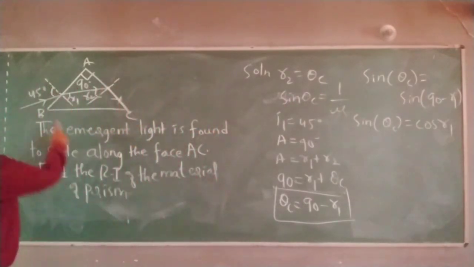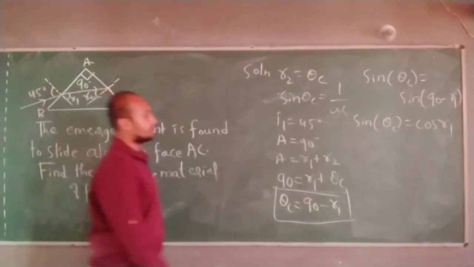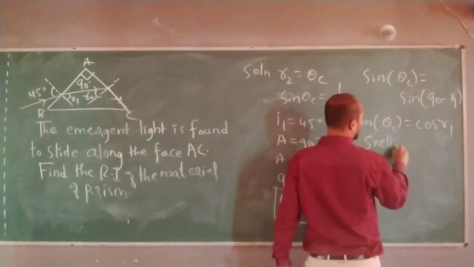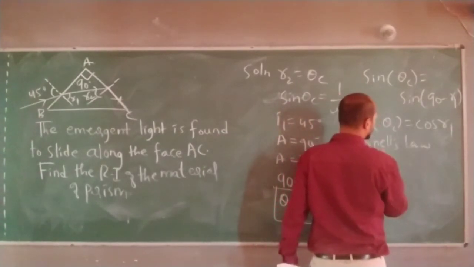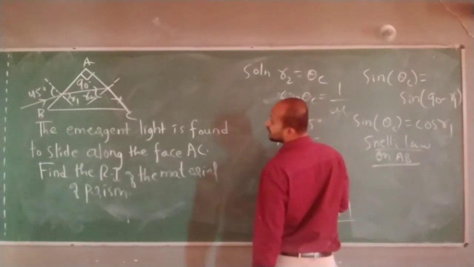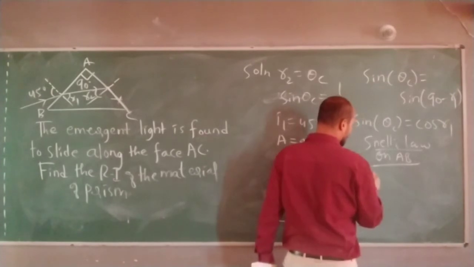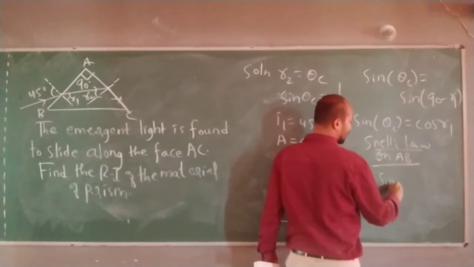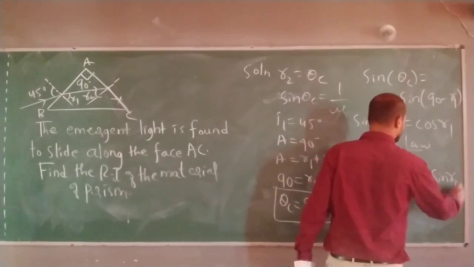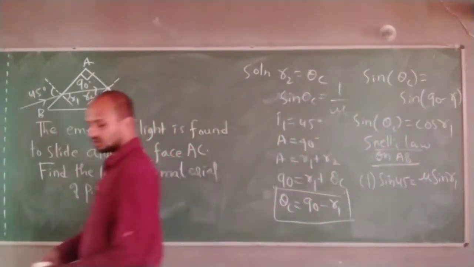So to find r1, I will apply Snell's law at surface AB. If you apply, you will get 1 into sin 45 is equal to mu into sin r1.